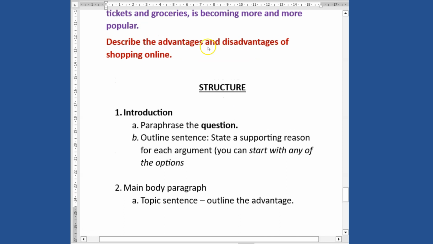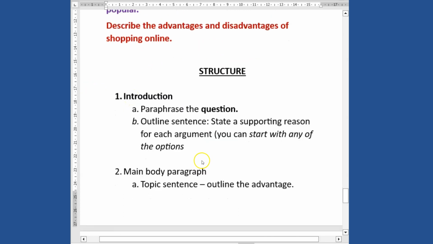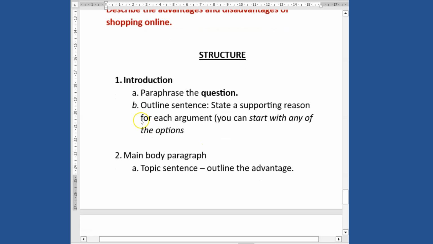We are only told to describe the advantages and disadvantages of shopping online. So I'll state the supporting reasons for each side, the advantages and disadvantages, and you can start with any of them. All that we need to do in the introduction is to paraphrase the question and outline our opinions.